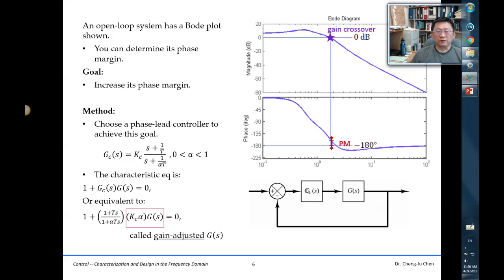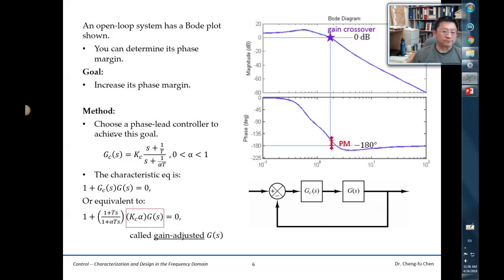For example, we put in a feed forward configuration, hopefully with a positive contribution of phase angle, to improve the phase margin of the open loop system. Okay, so the goal is to increase the phase margin of the closed loop system.